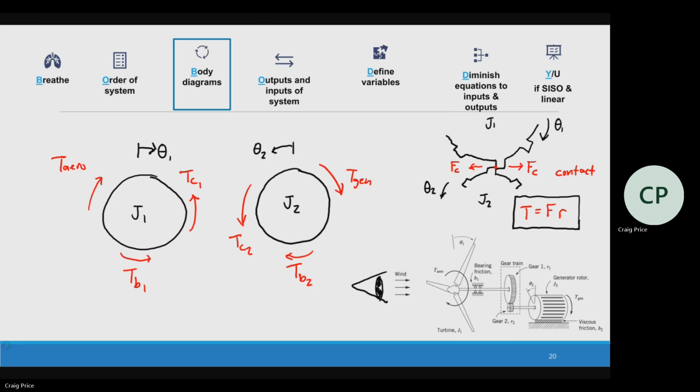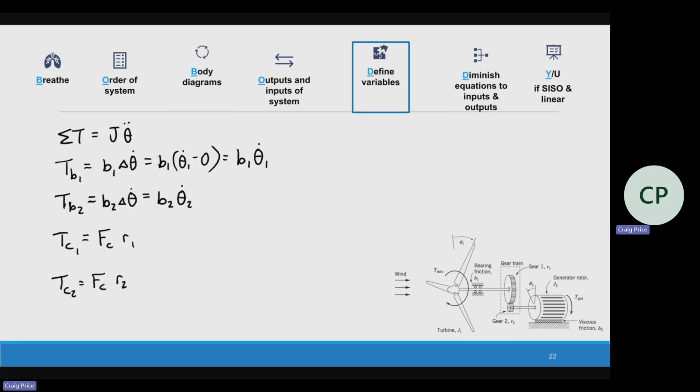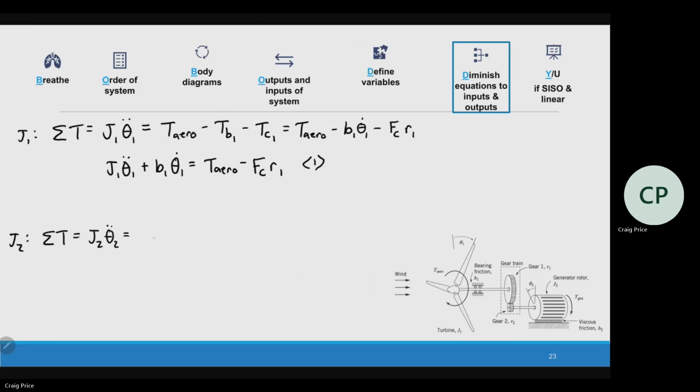TC2 is positive, counterclockwise, yes. So just be careful. It's all based on the axes. So TC2 is positive. Then we subtract Tgen, subtract TB2.